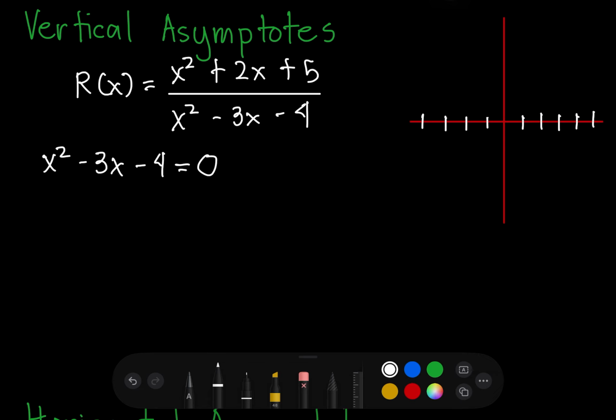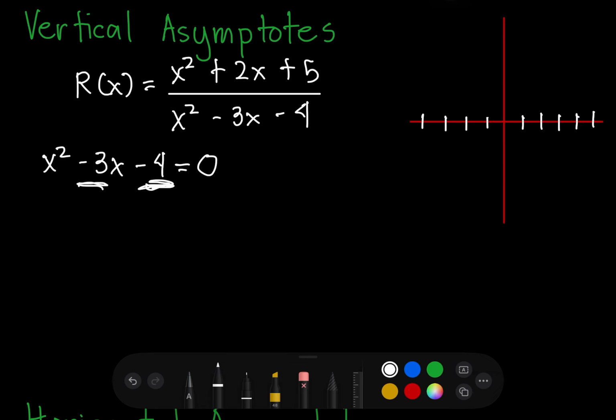If we have that trinomial, all we need to do is to factor it. Now, we know in factoring a trinomial, we just need to focus on the third term, which is negative 4. We will look at the factors of negative 4 that can give us a sum of the middle coefficient, which is negative 3.